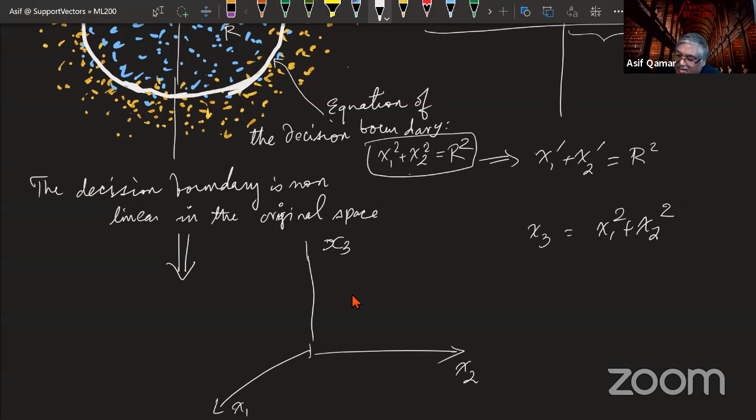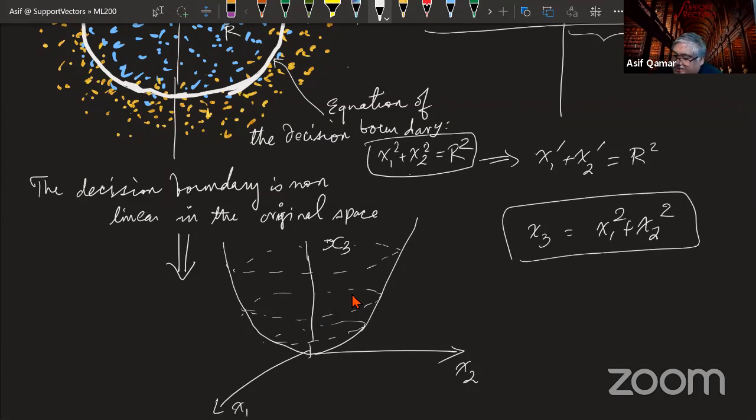It will look like a surface that goes through this. Convince yourself that this is how the surface looks. A parabolic surface, isn't it? It's very easy to see if you just forget x2 and think in terms of intuition.